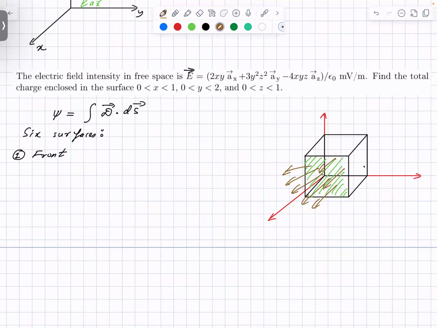Similarly, we can find the flux coming out of the top surface and the right surface and the left and the bottom and the back surface as well.